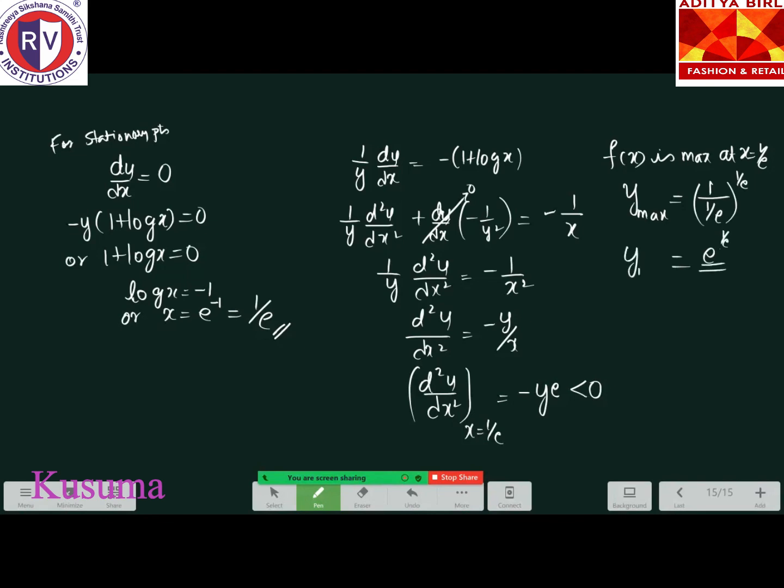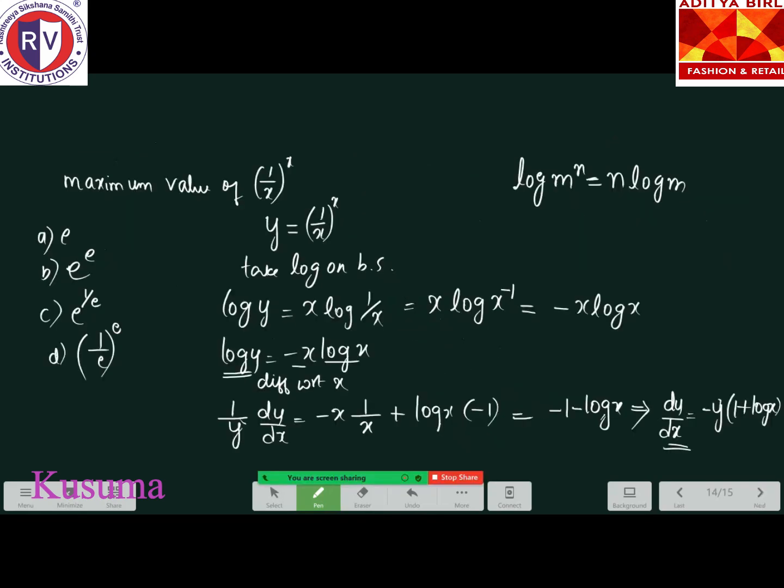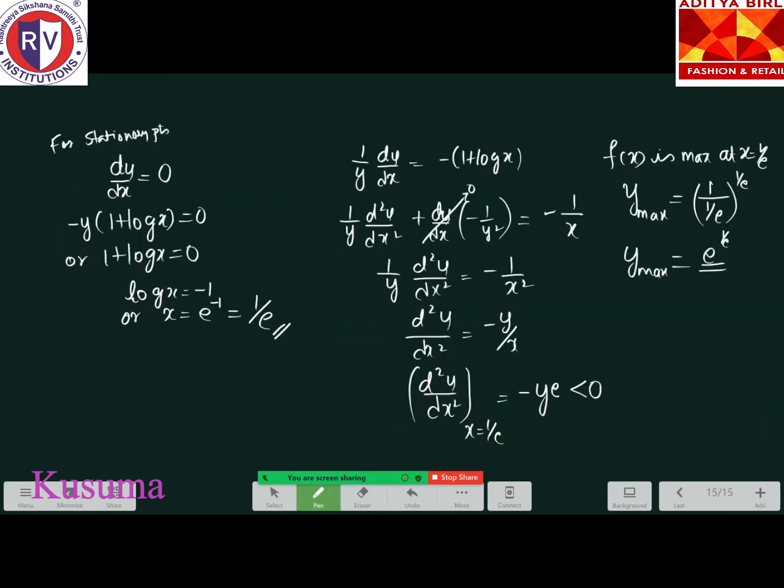This is our y max. So what is the option? E to the power of 1 by e. Option C is the right answer.